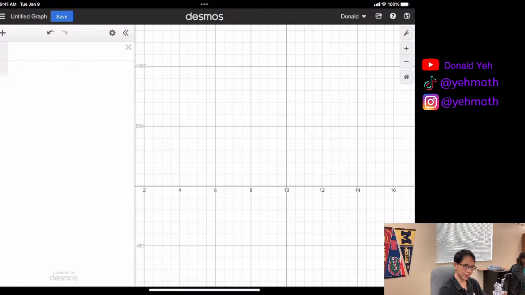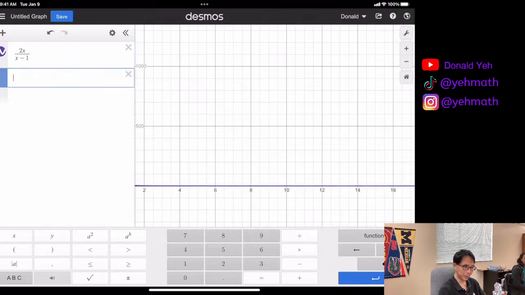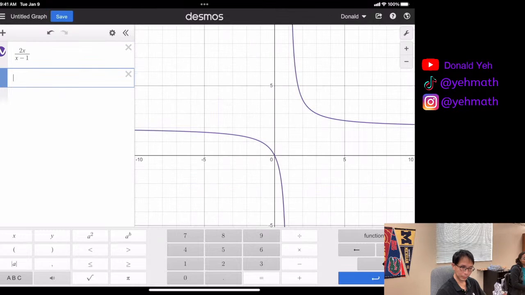Do you remember what the equation was? 2x over what? x minus 1? And what was the inverse of that one? Negative x over 2 minus x.